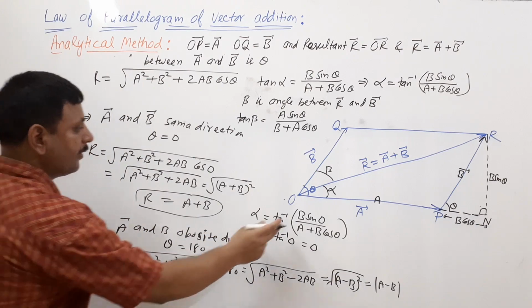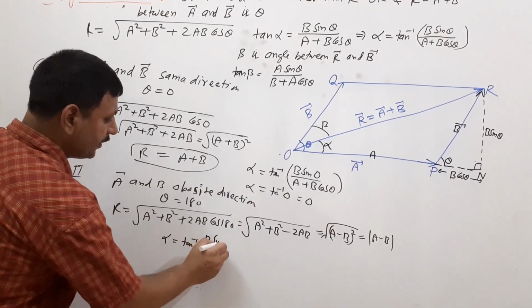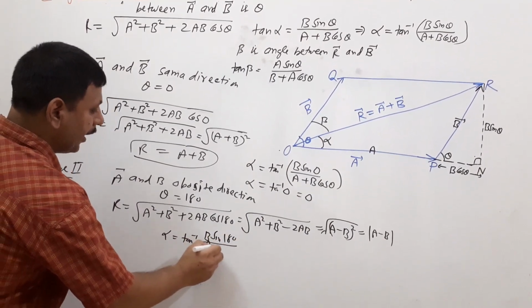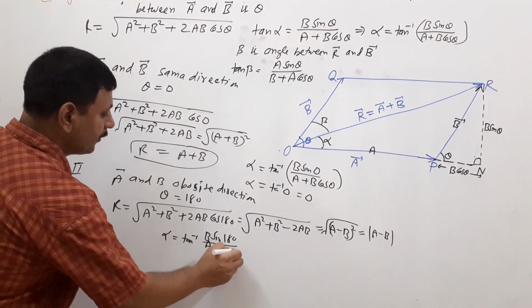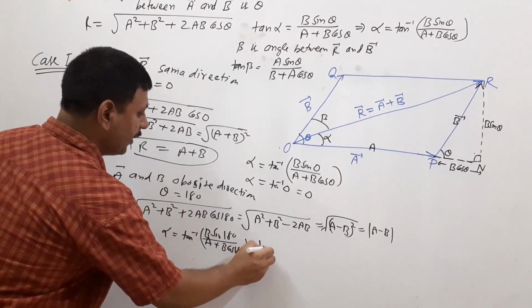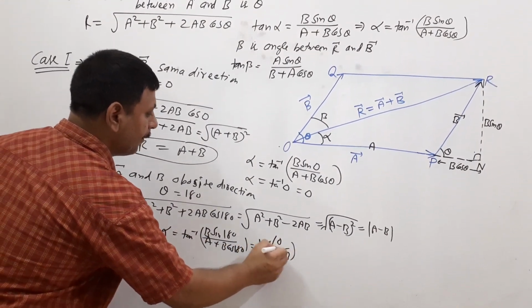If you look carefully here, beta, B sin 180 divided by A plus B cos 180, so you can see here tan inverse 0 upon A minus B.